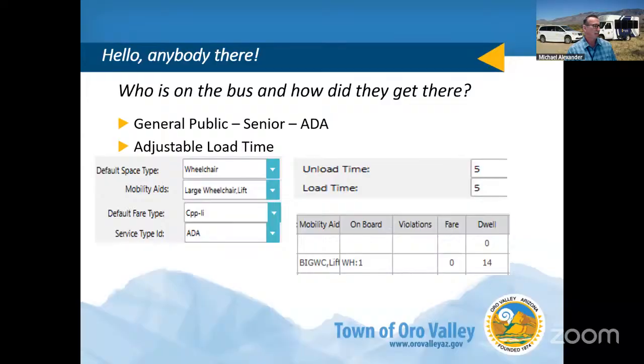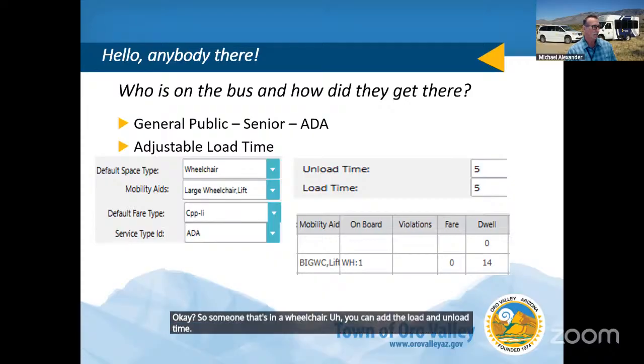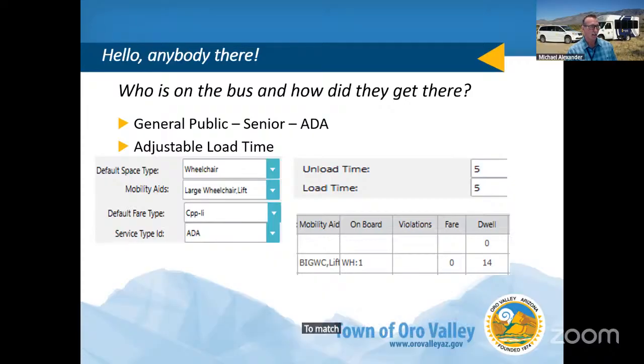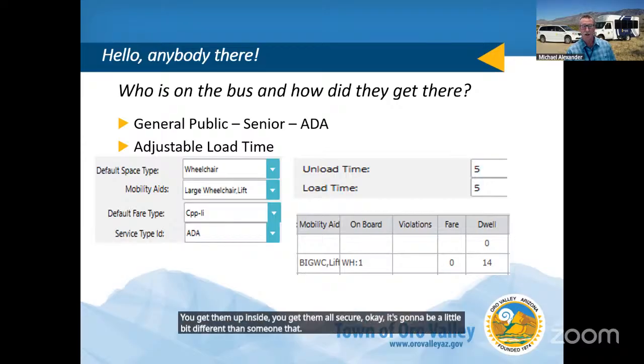So for someone in a wheelchair, you can add the load and unload time to match the person. Your average person can wheel themselves on and off the lift. You get them up inside, you get them all secure. It's going to be a little different for someone that takes longer.